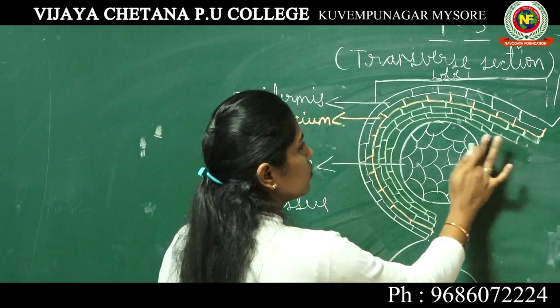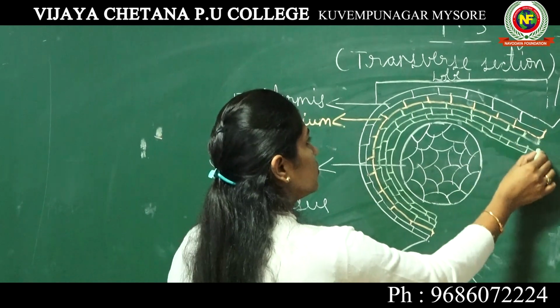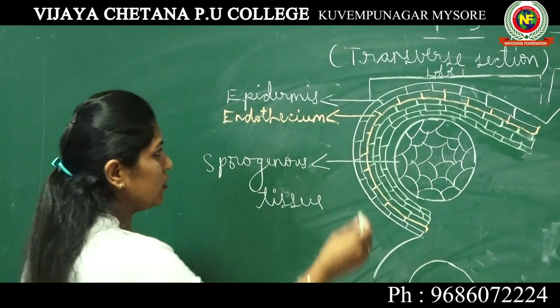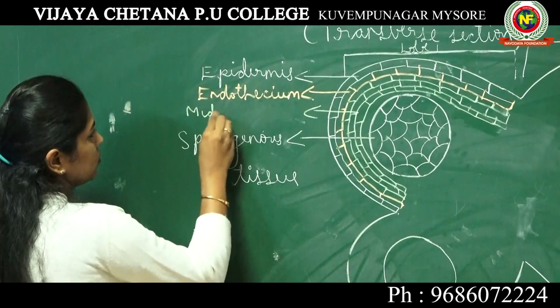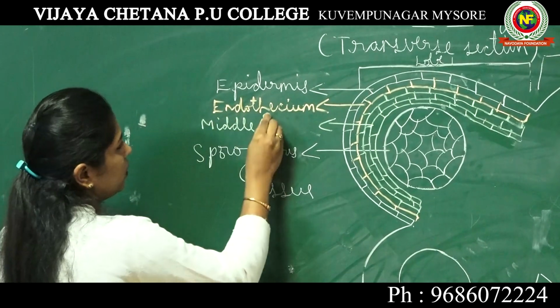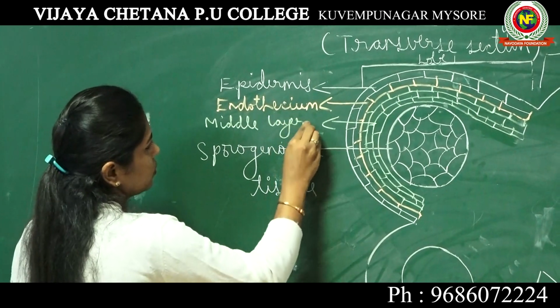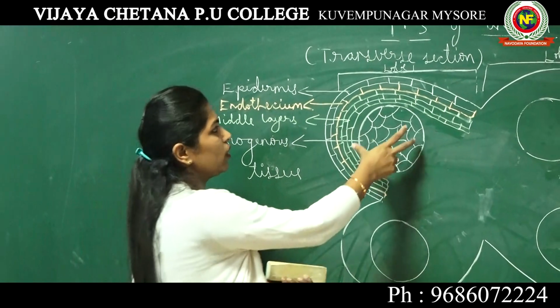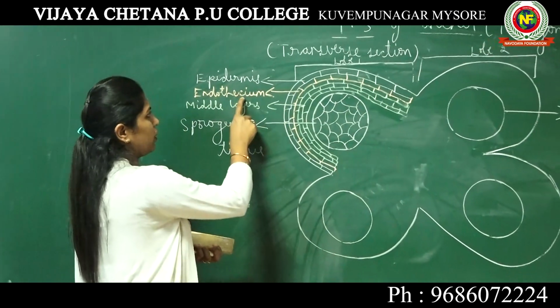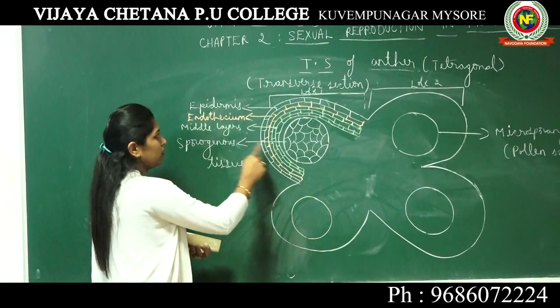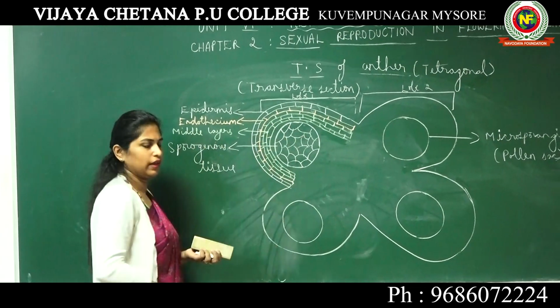Okay, this layer is known as middle layers. So the outermost layer is epidermis. The next layer is endothecium. The third layer is middle layers, which is 2 to 3 layers thick.